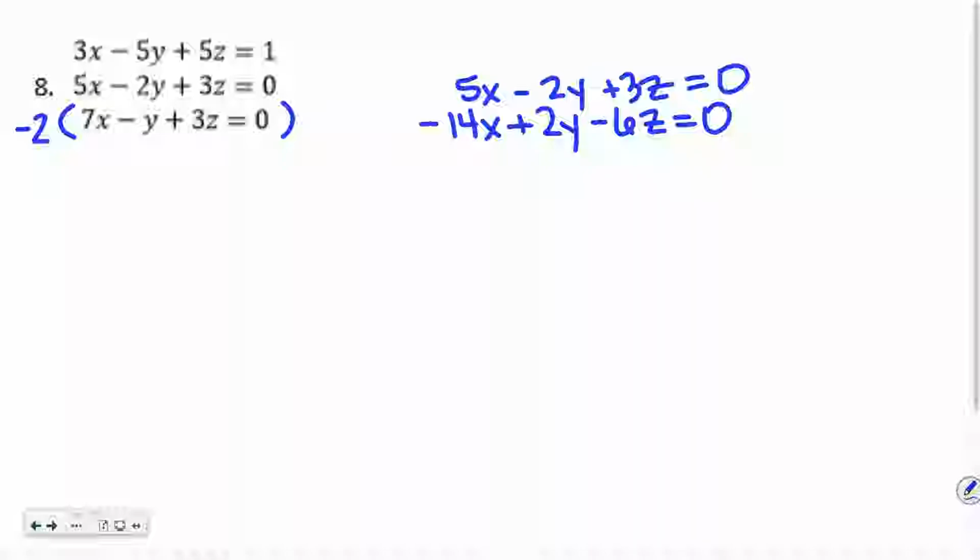That is our goal. We need to pick a variable to make opposite so that when we add these two together, the y's cancel out. We have -9x minus 3z equals 0.